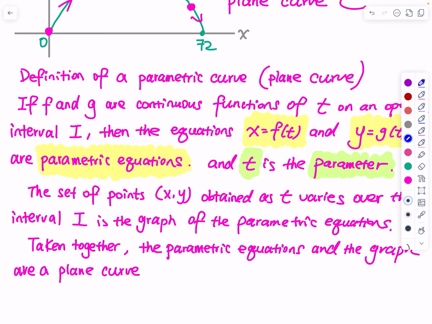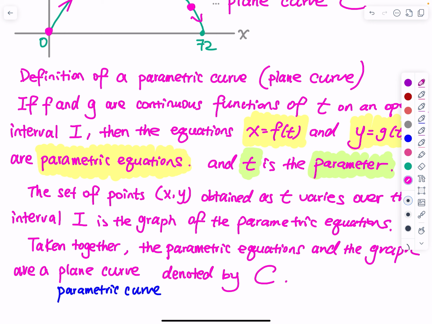This plane curve, another name parametric curve, is denoted by a big C. Okay, let's do some highlighting. Plane curve, parametric curve, is denoted by C.